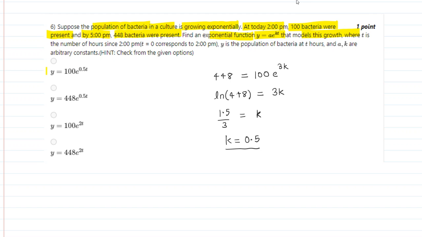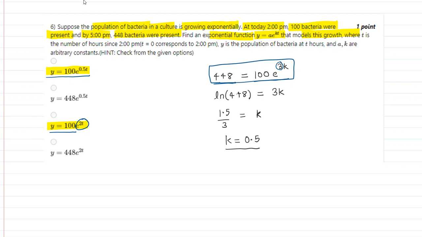Obviously we will have a is equal to 100, because when t is equal to 0, this expression becomes 1, so y then has to be 100. If we put this in, we get this equation. We put the value: y at 3 hours, when t is equal to 3, is 448.